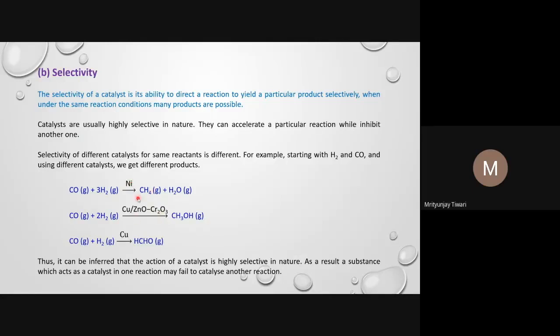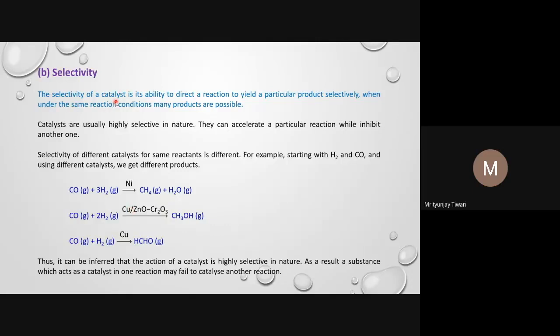So what we see is that you are changing the catalyst with the same reactants. This is carbon monoxide and hydrogen, a mixture of carbon monoxide and hydrogen, and we are getting three different products. This is because these catalysts are selective. They are selectively giving one product.